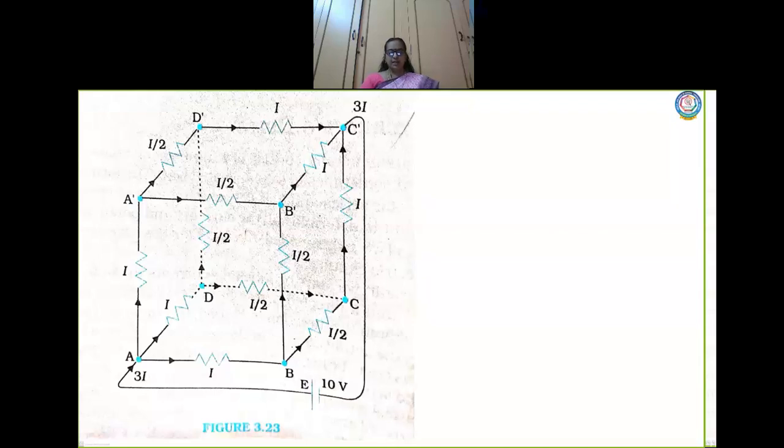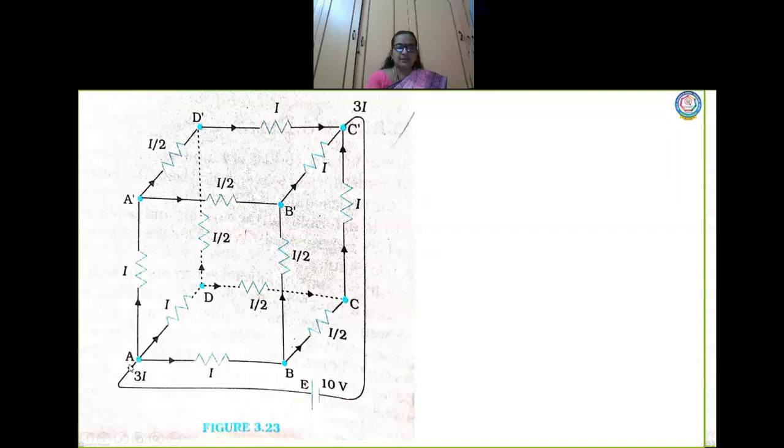Now I am going to apply Kirchhoff's second rule. Now the second rule is applied to a loop. Which loop am I going to apply it to? Let us start from here, children: A, B, C, C dash, E and A. Just keep your finger and see which is the loop.